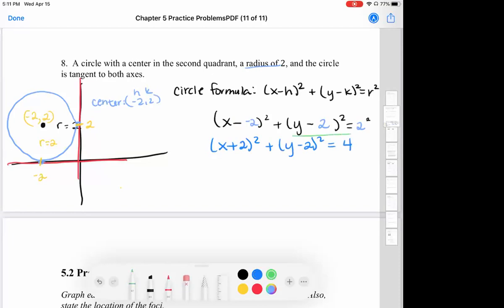That's our answer. I think what made this one weird was the description, that it's tangent to both axes. It just means it's touching.